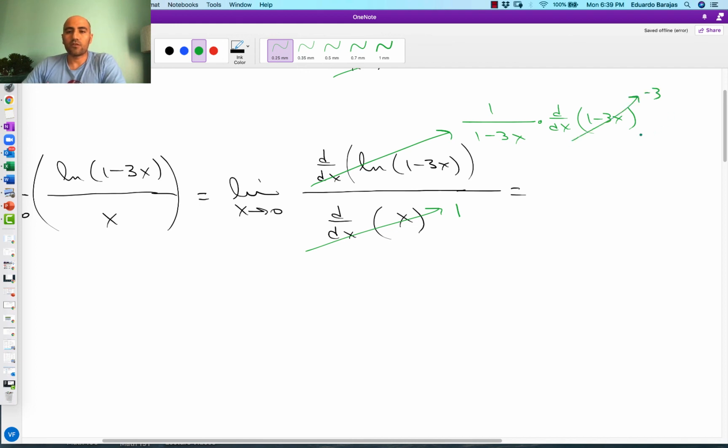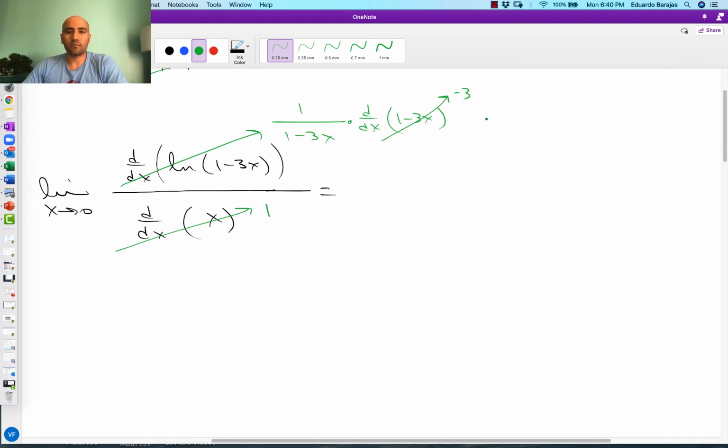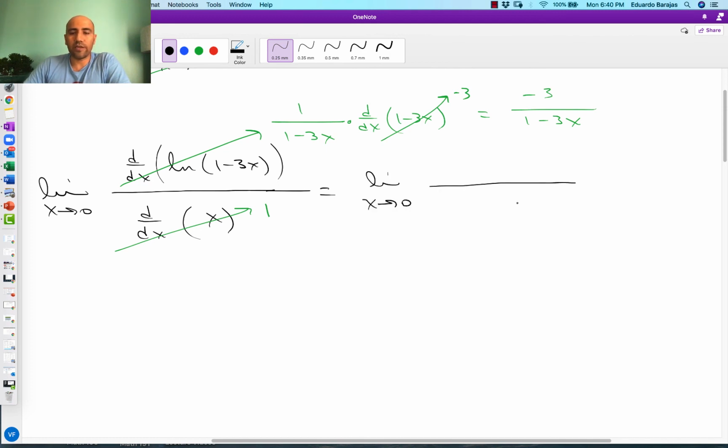So our entire derivative is then going to be equal to negative 3 all over 1 minus 3x. And that's what that is. So this means that this is the limit as x approaches 0 of this new ratio, which just has a 1 in the denominator and a negative 3 over 1 minus 3x in the numerator.